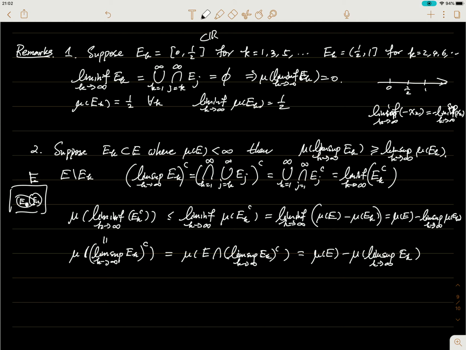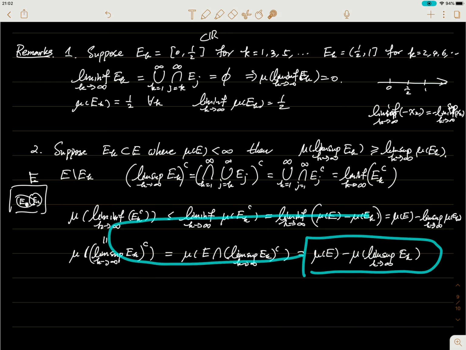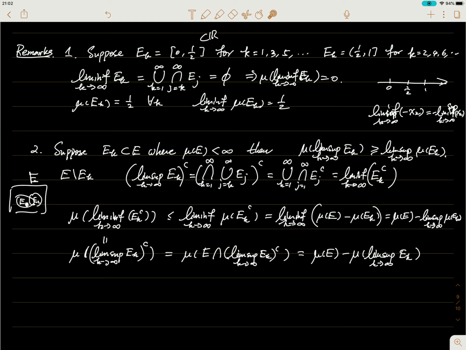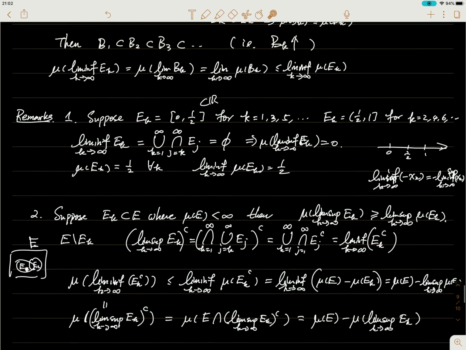So that's why we can get this. So now we have shown that this quantity here is less than or equal to this quantity here. And you can see that mu of E is on both sides and it's finite, so we can cancel it. And that's how we prove that this quantity is actually bigger than this quantity, and that is the claim we're trying to make.